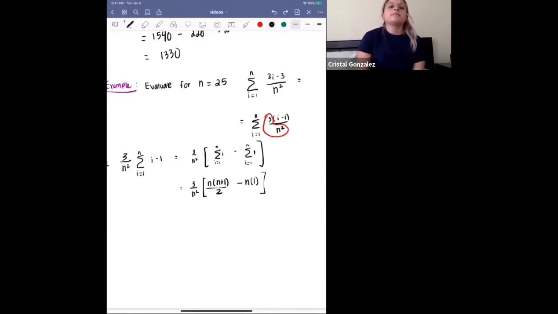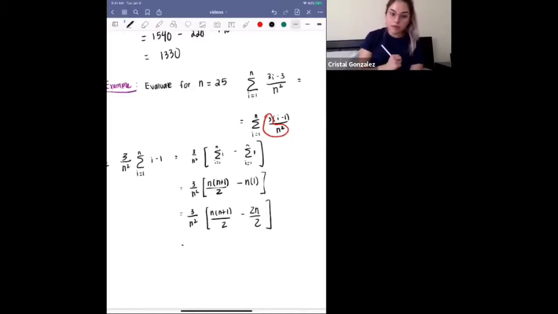Okay, so now that we have that, we can go ahead and simplify. What I'm going to do here is get a common denominator for my inside parentheses. I'm going to get 3 over n squared times, and I'm going to leave this as n plus 1 all over 2, and then to get a common denominator of 2, 2n over 2.